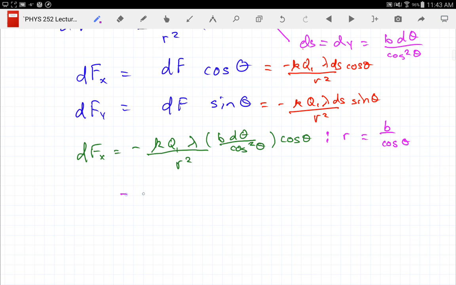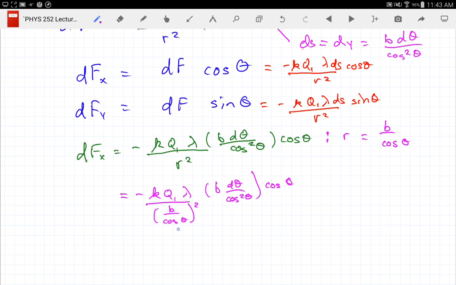So this is now going to be minus kq1 lambda divided by b over cosine theta quantity squared times b d theta over cosine squared theta times cosine theta. Now we can collapse things. Because notice I have b over cosine squared theta, b squared over cosine squared theta.